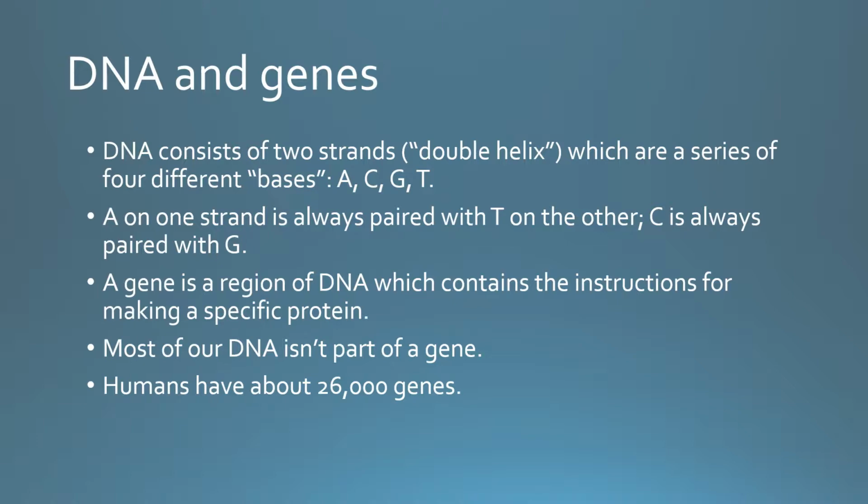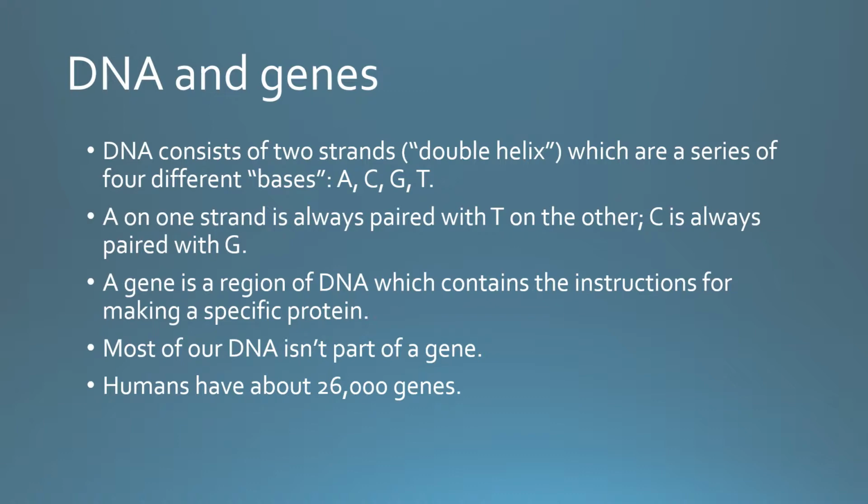And there are a series of 4 different bases on the DNA, abbreviated A, C, G, and T. And an A on one strand is always paired with a T on the other, and a C is always paired with a G. So a gene is a particular region of DNA which contains the instructions for making a specific protein. You can think of it as a gene is a recipe for making that protein.